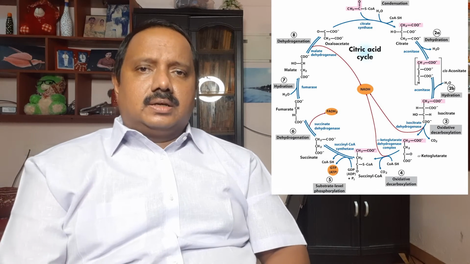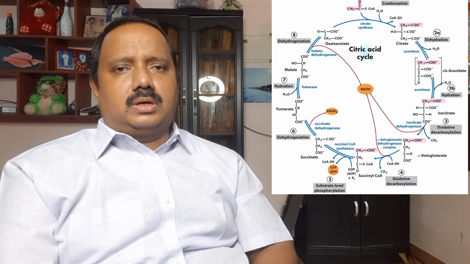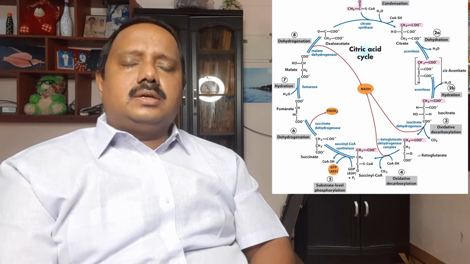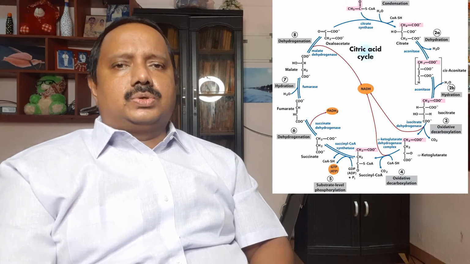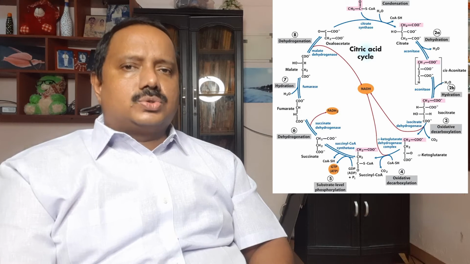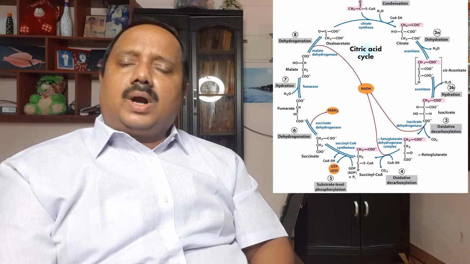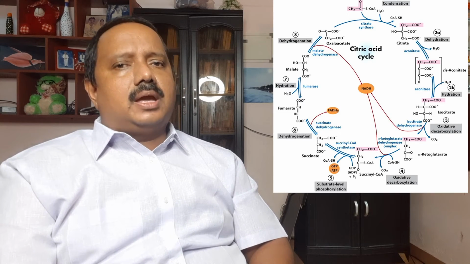So we can say alpha ketoglutaric acid is the only 5-carbon compound in the Krebs cycle. The succinyl coenzyme A is converted into succinic acid, which is also a 4-carbon compound. During this process, one GDP is converted into GTP and coenzyme A is released.